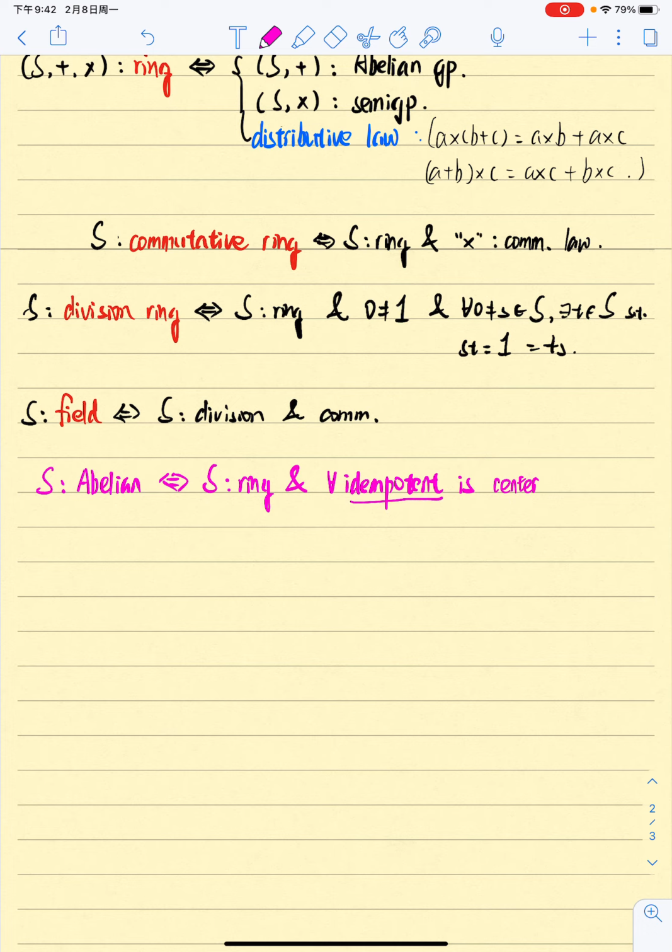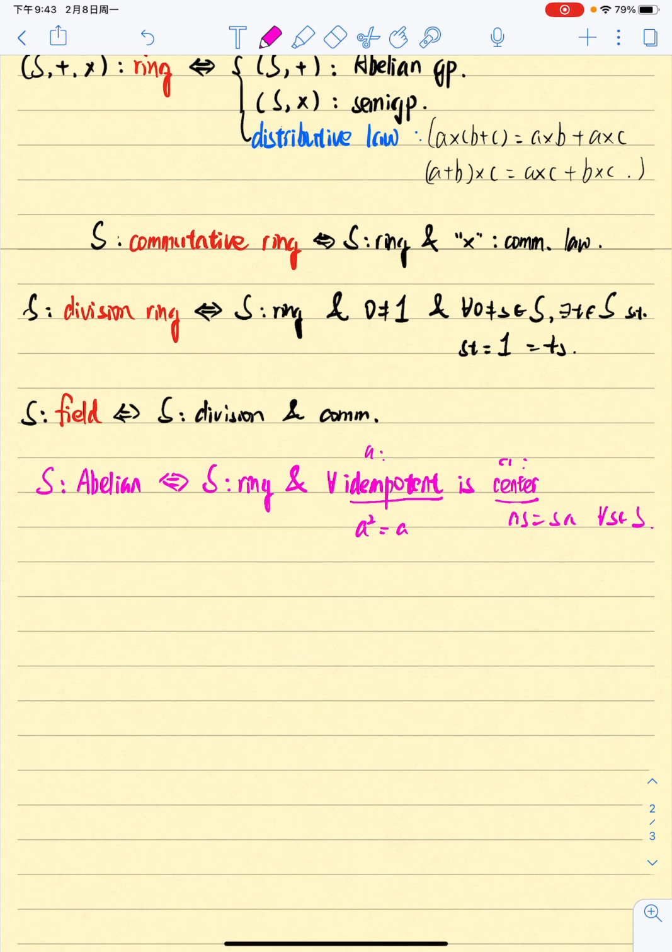Idempotent element means for some element A, A squared equals A, and central means AS equals SA for every S in S. Here A is called idempotent and central.